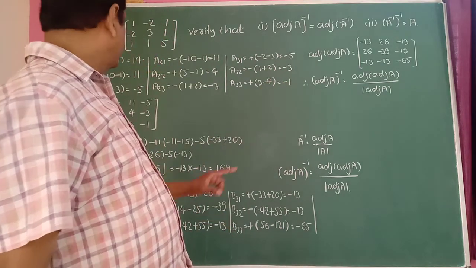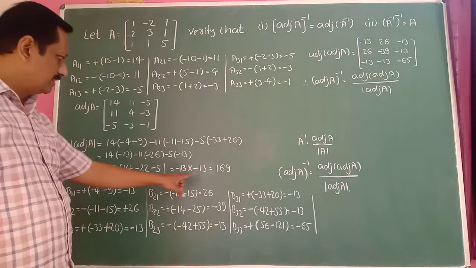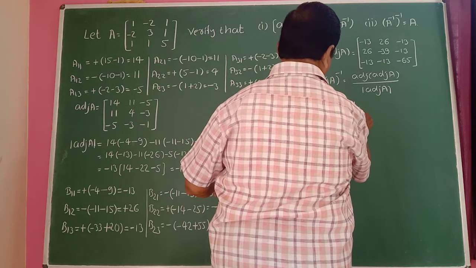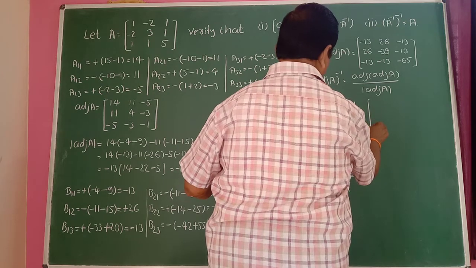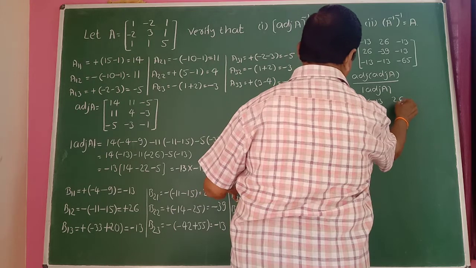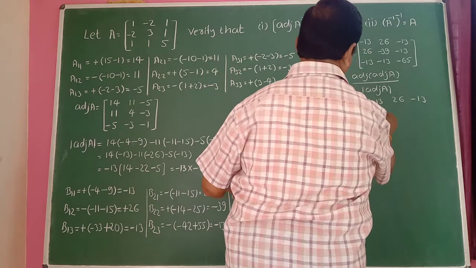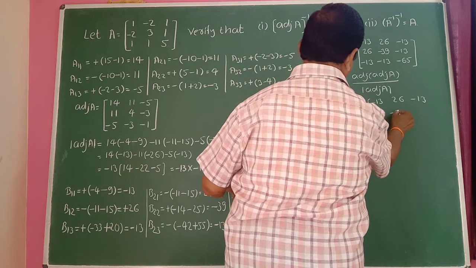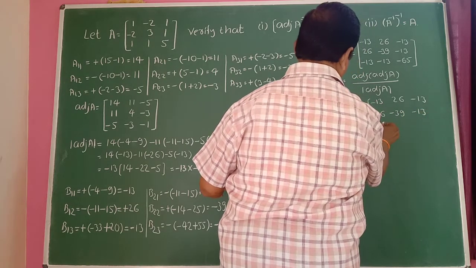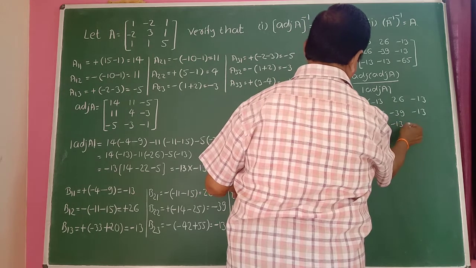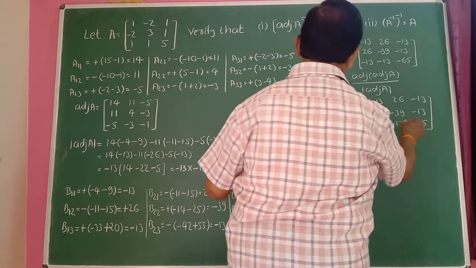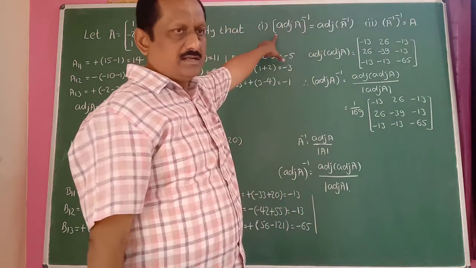Then the determinant of adjoint of A is 169 here. Hence, you can write 1 divided by 169 into this matrix: minus 13, 26, minus 13, 26, minus 39, minus 13, minus 13, minus 13, minus 65. This is the inverse of adjoint of A here.